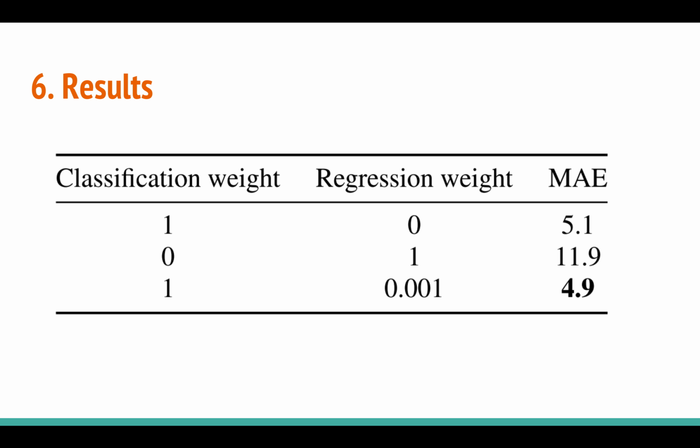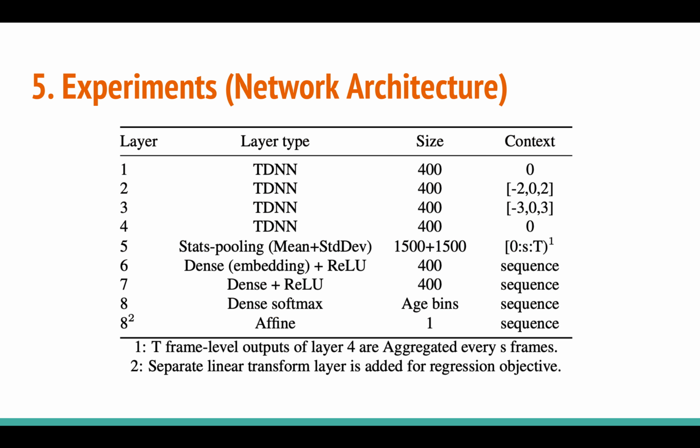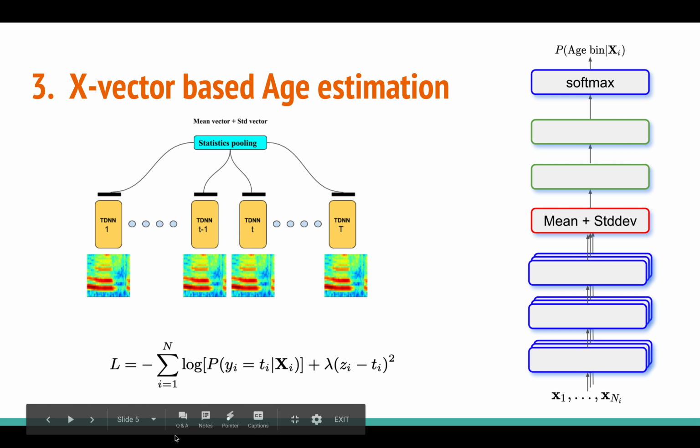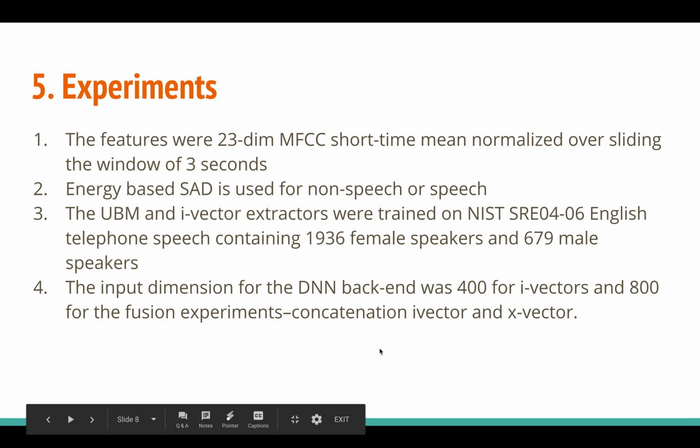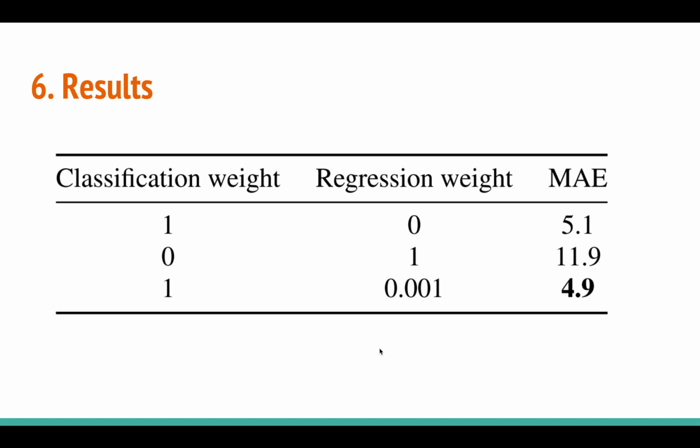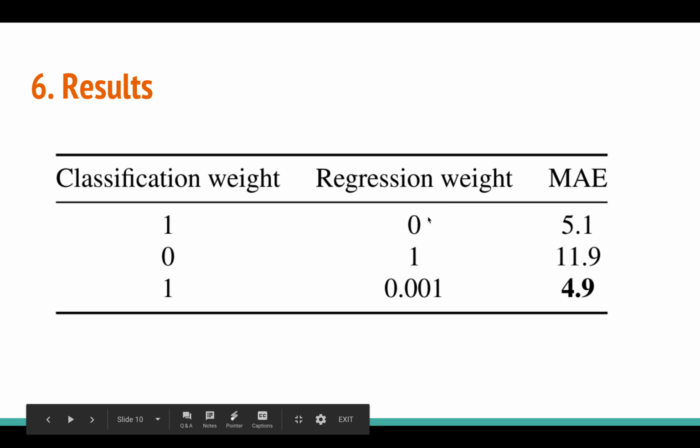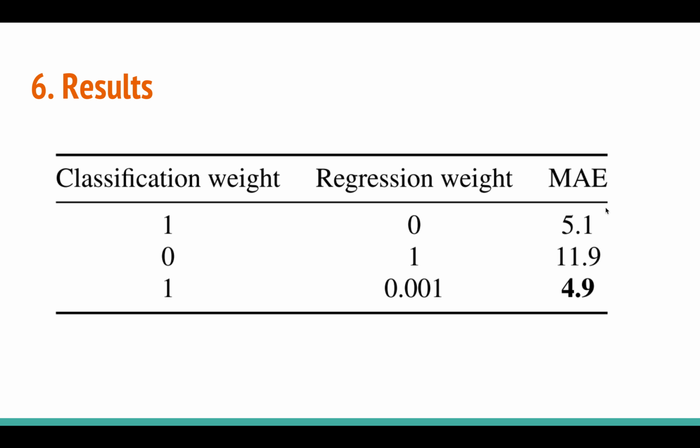In the results, as we saw in the previous slides, there is a classification error and a regression error. They have done an experiment where they set the classification weight to 0 and the regression weight to 0 at times, and see what the accuracy is. If they set the classification weight to 1 and the regression weight to 0, you get a very good accuracy, a mean absolute error of around 5.1, which is good.